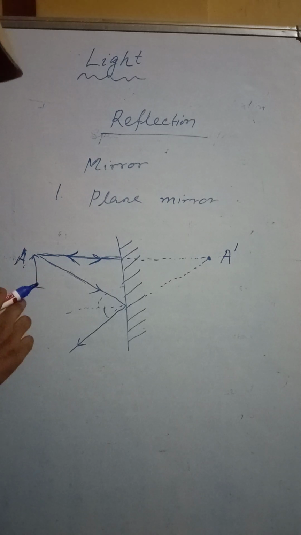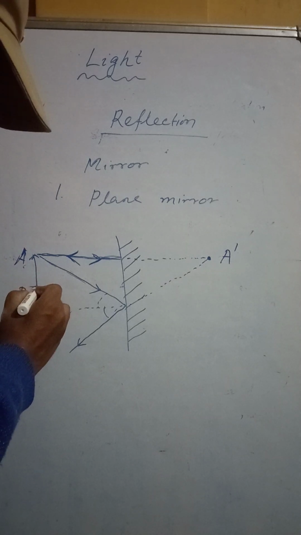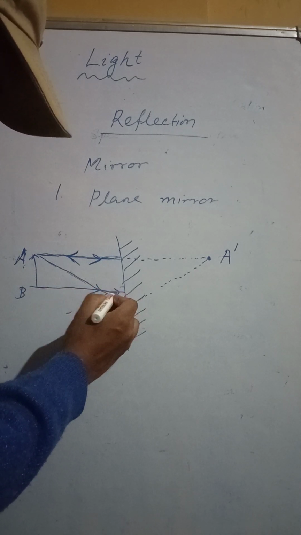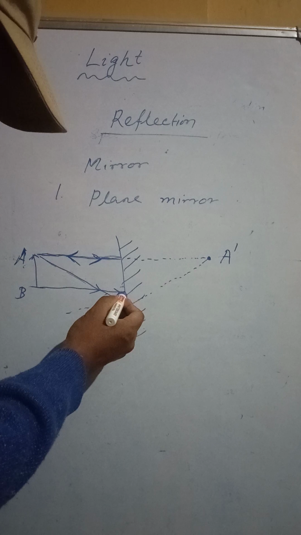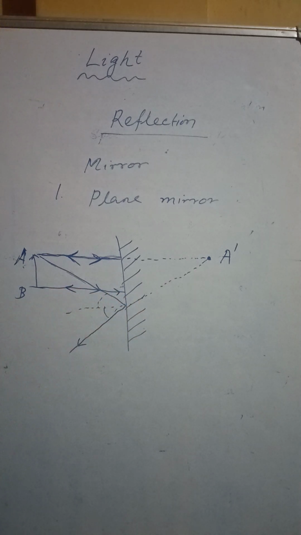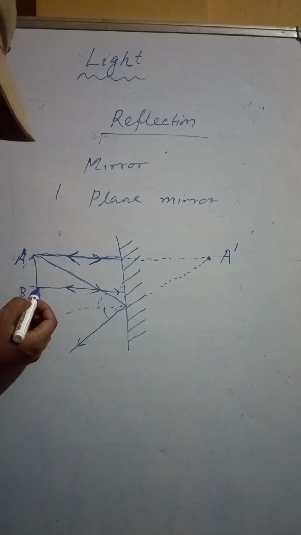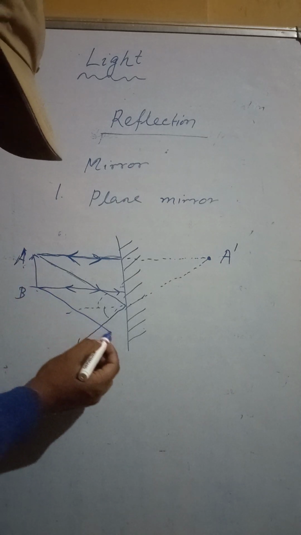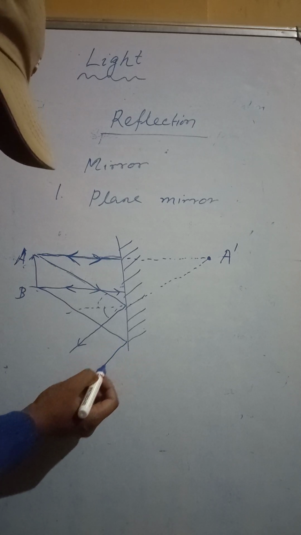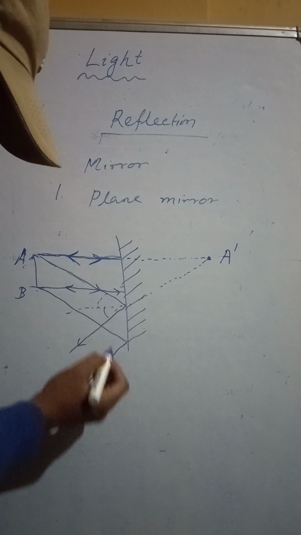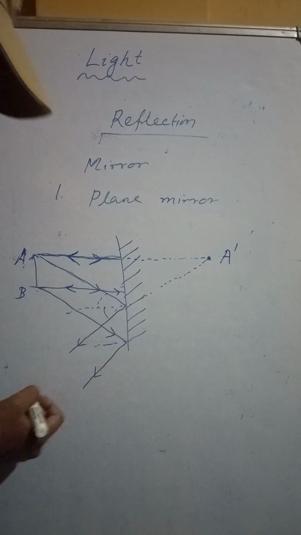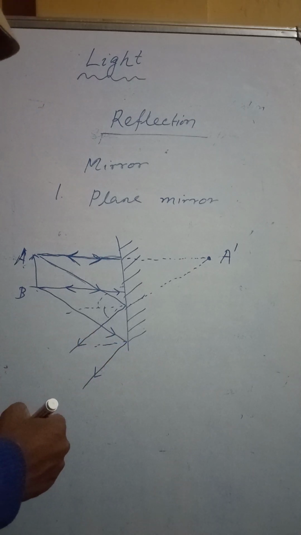Let's consider now the point B. One ray is coming in this direction. This is the incident ray and the reflected ray will be in the opposite direction. Another ray is coming in this direction, this is the incident ray, this is the normal, and this is the reflected ray.